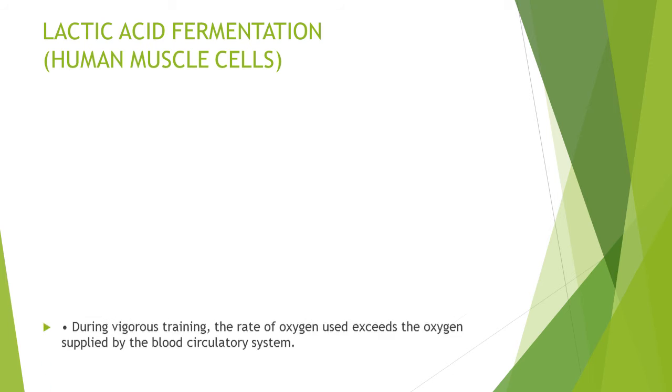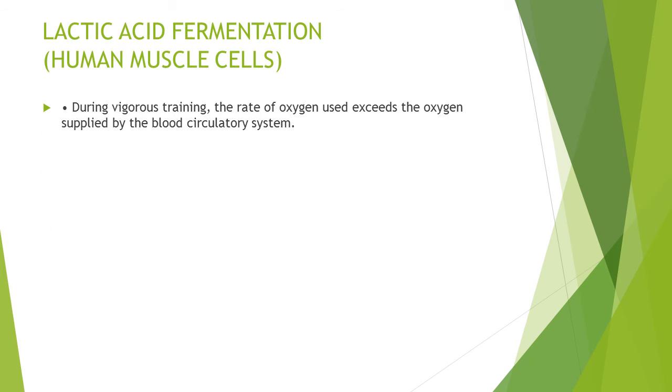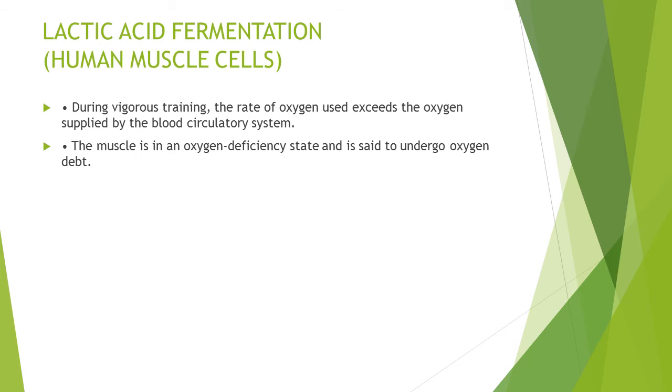Okay, lactic acid fermentation in human muscle cells. During vigorous training, the rate of oxygen used exceeds the oxygen supply by the body's circulatory system. Meaning, when you do vigorous activity, you lack oxygen. So the muscle in an oxygen deficiency state is said to undergo oxygen debt.